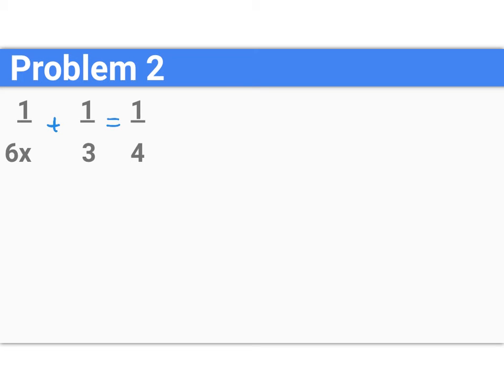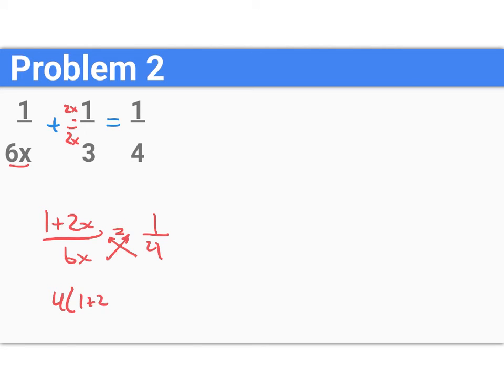All right, now, to make the second fraction be 6x, because that's our common denominator, I've got to multiply by 2x over 2x. So I get 1 plus 2x over 6x equals 1 over 4. And again, cross multiplying, I get 4 times the quantity 1 plus 2x equals 6x.